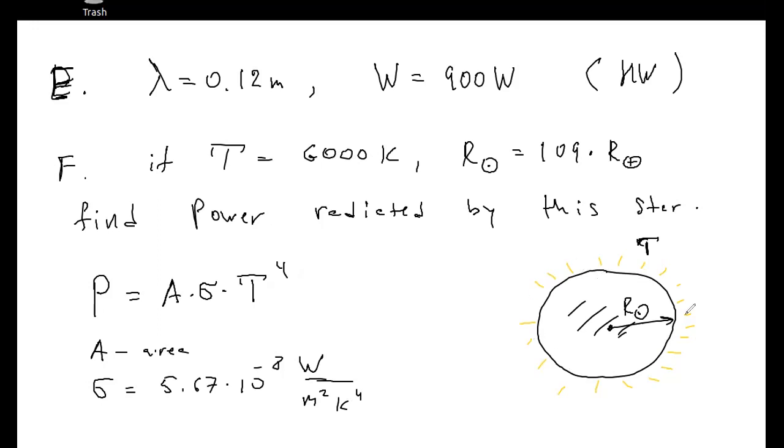The radius of the sun is about 100 times greater than the radius of Earth. Then the question would be, if I apply the Stefan Boltzmann Law, can we estimate the power radiated by this object?